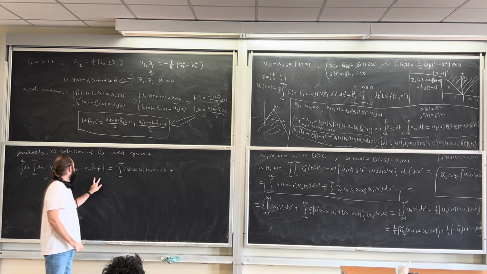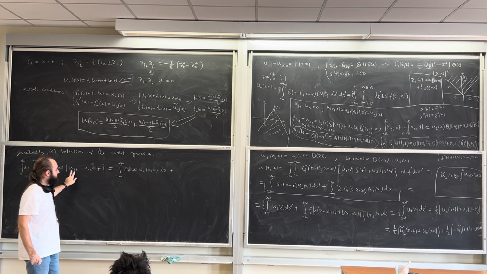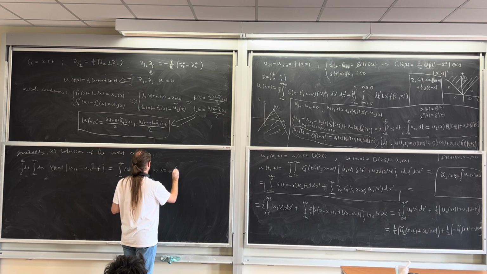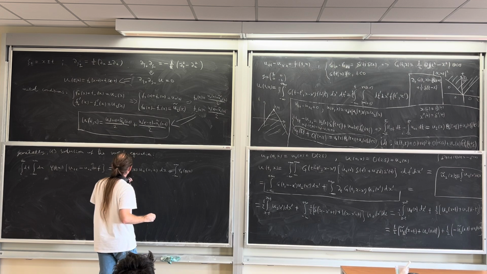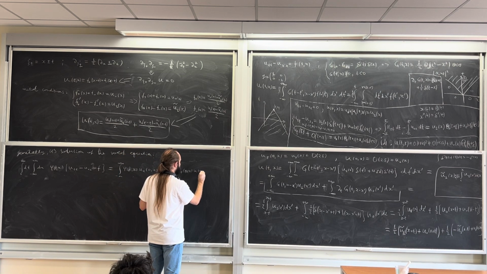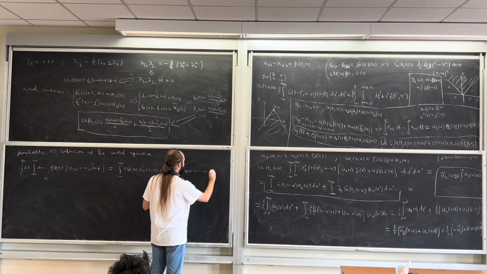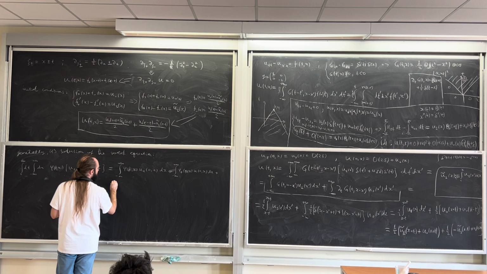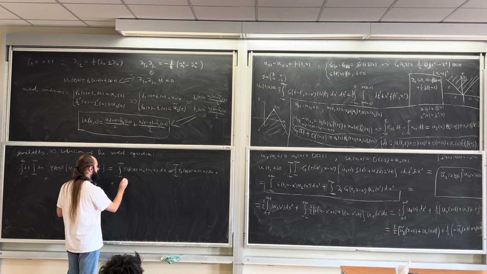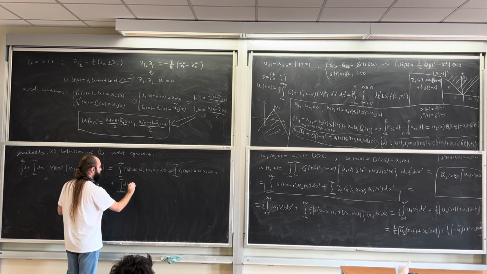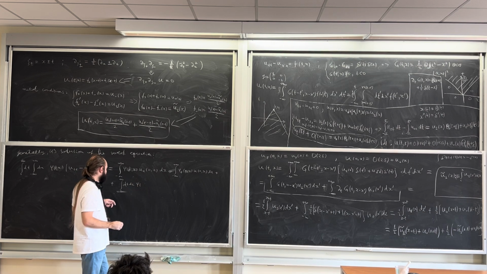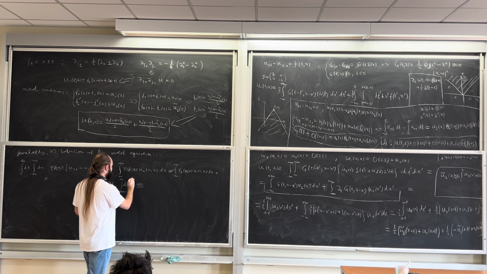Then if we integrate by parts once again, we will get minus the integral from minus infinity to plus infinity of phi t of 0x u of 0x dx plus the integral from 0 to infinity dt dx phi of integral.